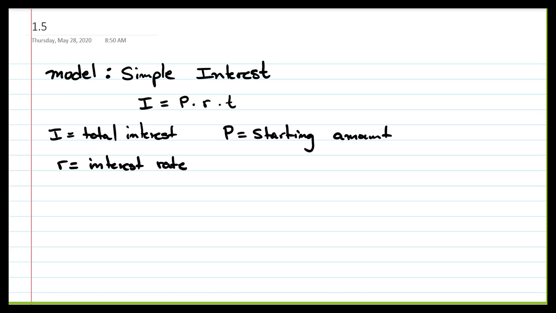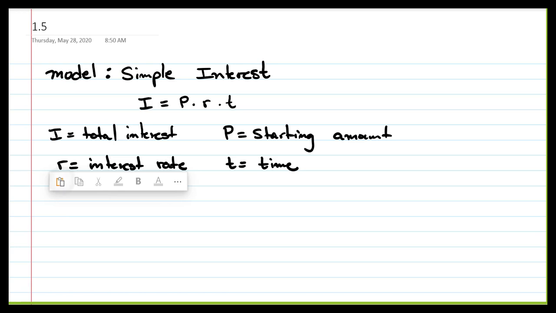And lowercase t is going to be time. So our simple interest model is I equals P times R times T, where a capital I is our interest, P is our starting amount, R is our interest rate, and T is time.